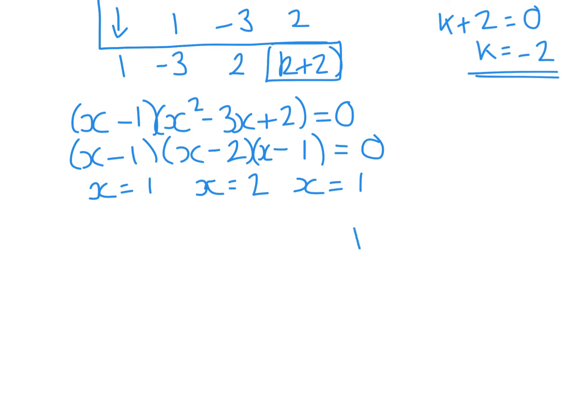It would look better if I did it this way. So something maybe shaped like that, where we have a root here at 1, where it's just sitting on the axis, and we have a root here at 2, where it's actually cutting through. So x equals 1 repeated means that it's a touching point, but you'll see more of that later on.